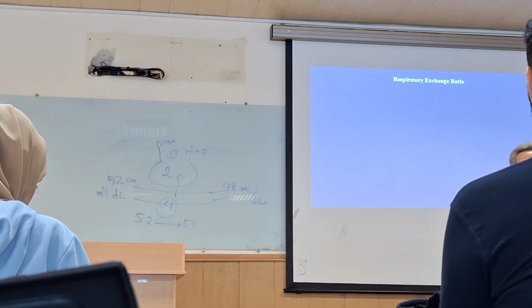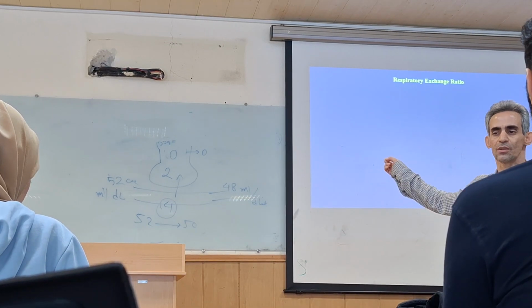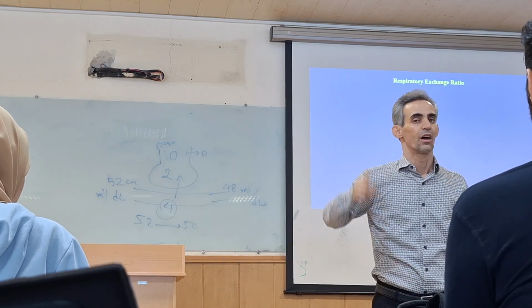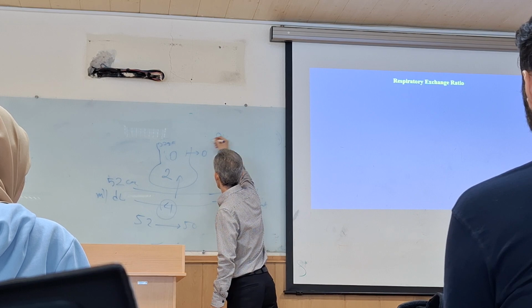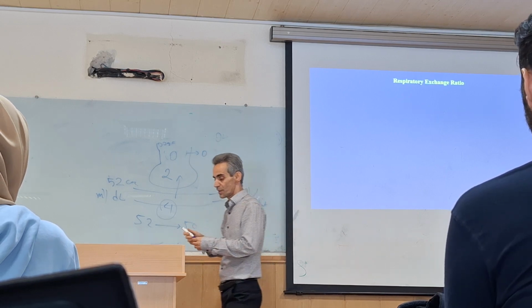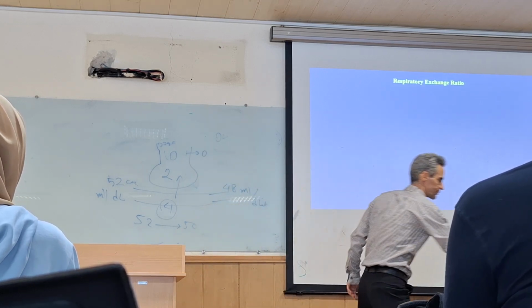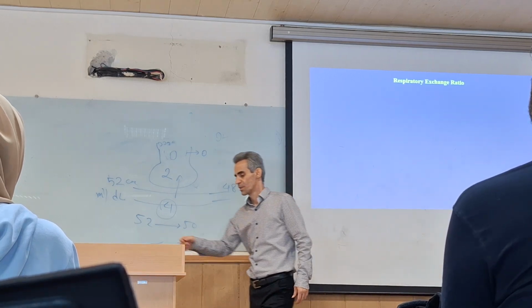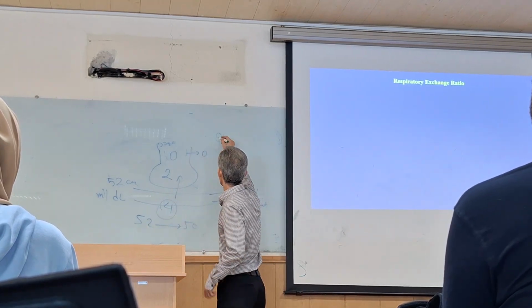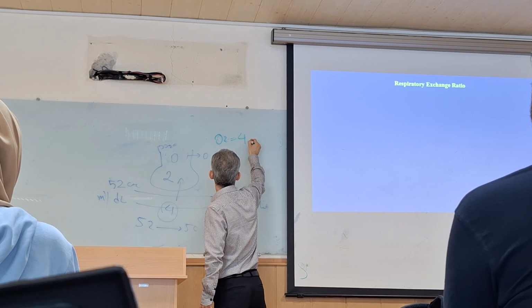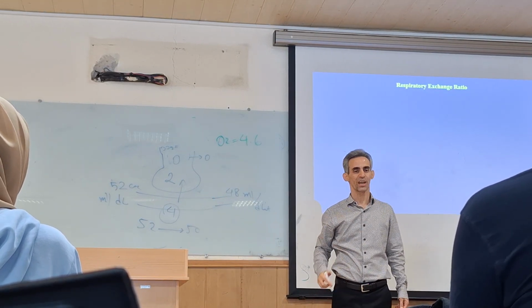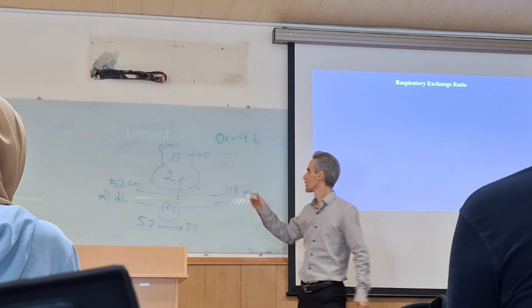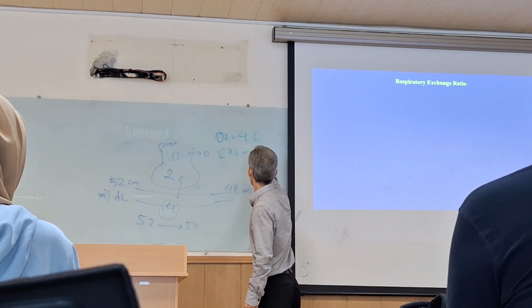How much oxygen is delivered to the tissue? Oxygen delivered is about 4.6. You remember this. How much carbon dioxide removed? CO2 4.